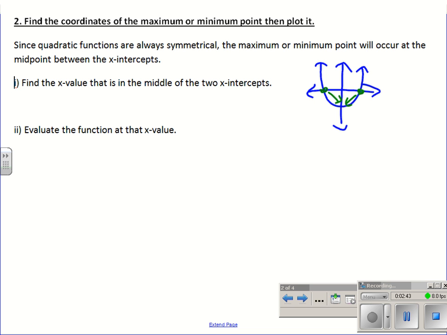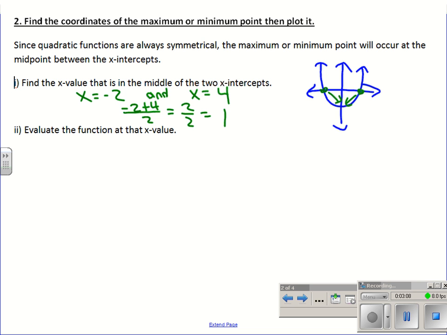So if we take the x values that we got, x equals negative 2 and x equals 4, we want to find what x value is directly in between those 2 values. So in between negative 2 and 4, we have negative 2 plus 4 divided by 2. That is 2 over 2, which is 1.